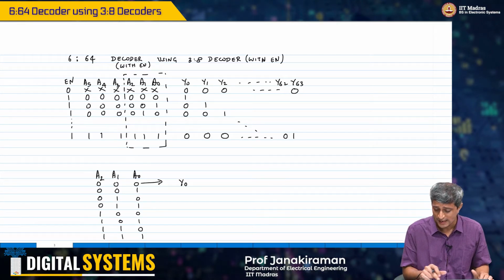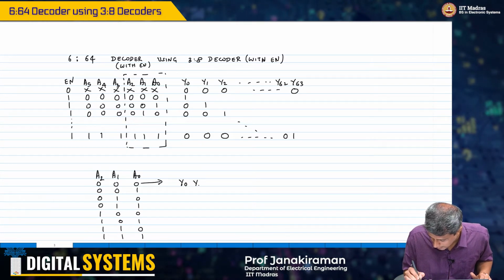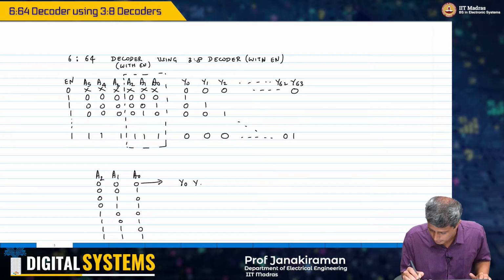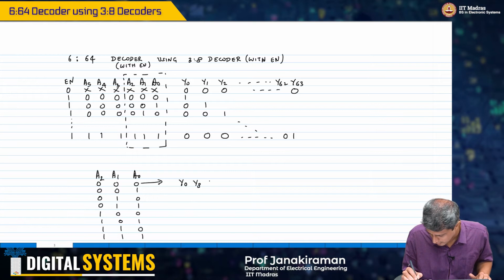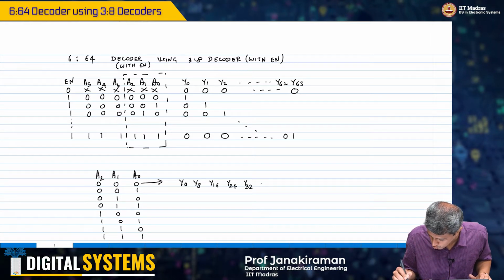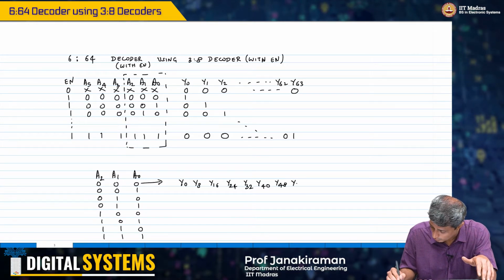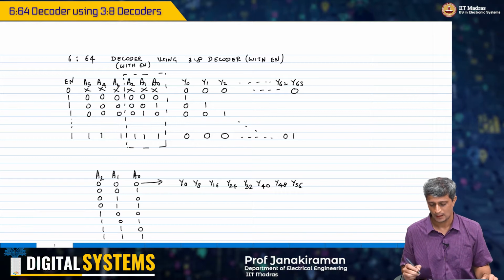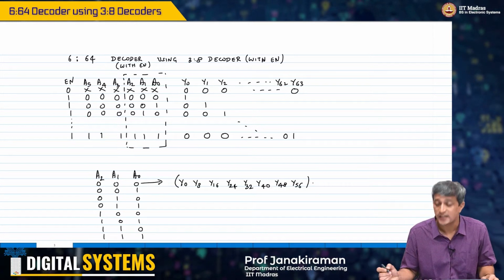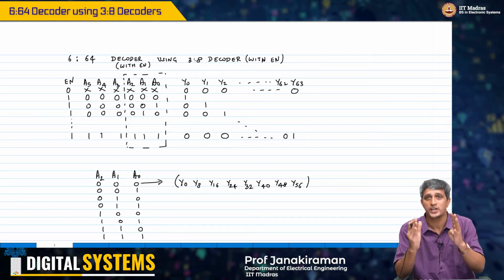Then after that it will be Y8, Y16, Y24, Y32, Y40, Y48, Y56. These are the outputs that can go high when A2, A1, A0 are 0, 0, 0.